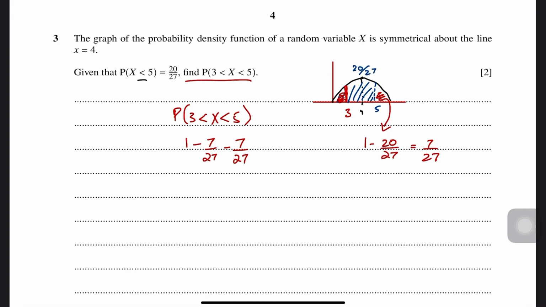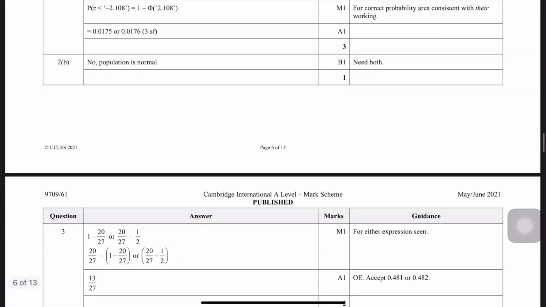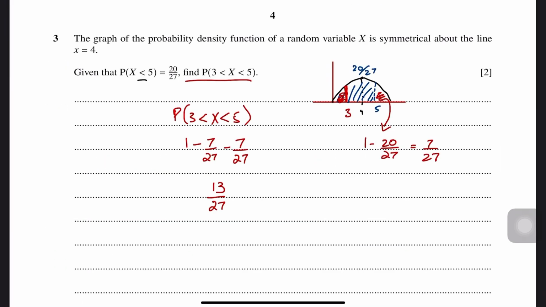That gives me 13 over 27. Let me just check if I've done my calculations correctly. Yes, that's the correct answer.